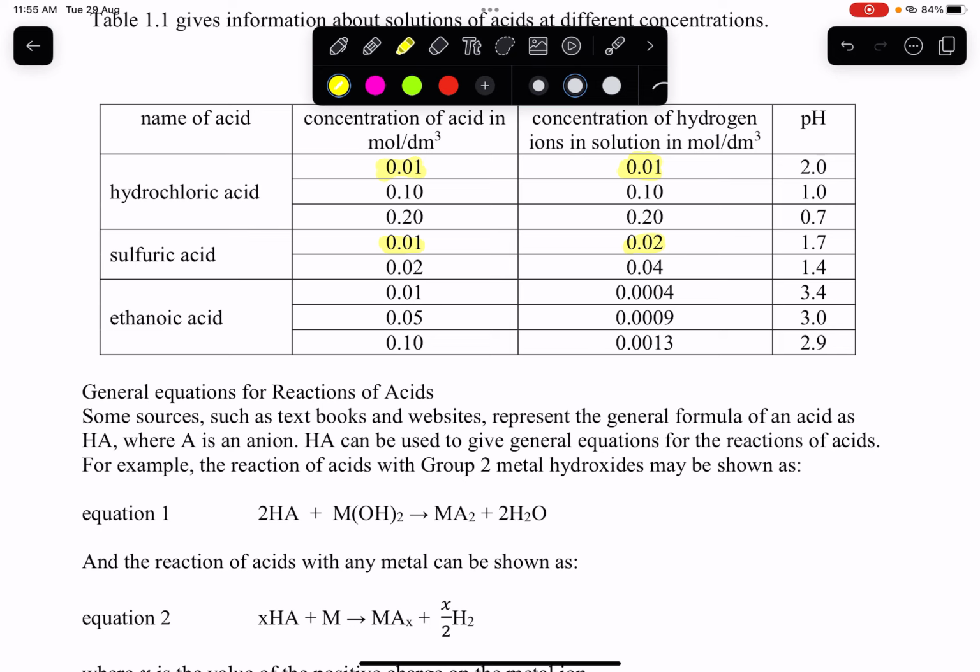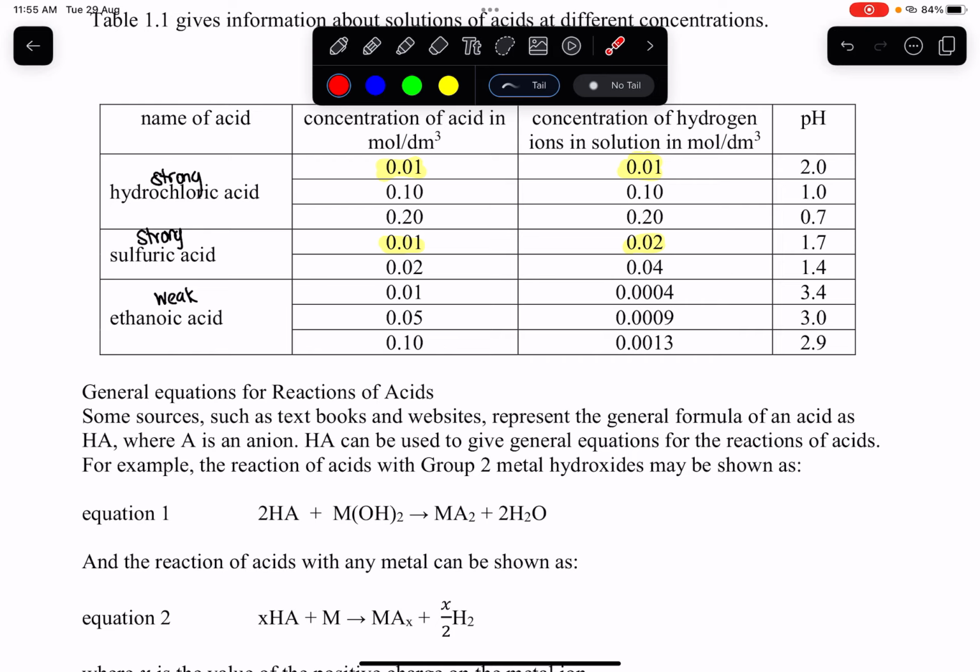Next, ethanoic acid at 0.01 has a much higher pH of 3.4, but we know that ethanoic acid is weak, whereas the other two are strong, which ties in with what we know about the strength of acids. The stronger the acid, the lower the pH.